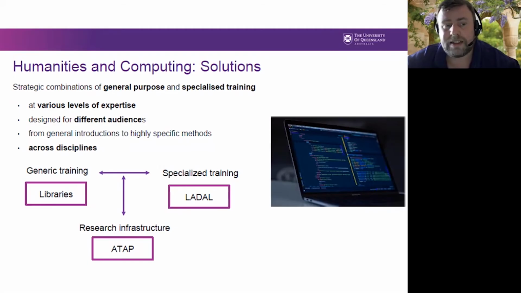And we think that there are three components when we want to build computational humanities resources, namely generic training, like introductions to R, for example, or data visualization that can be offered by the libraries. Then more specialized training, that is what the LADAL offers. It's training on very basic, but also more sophisticated methods and tools.